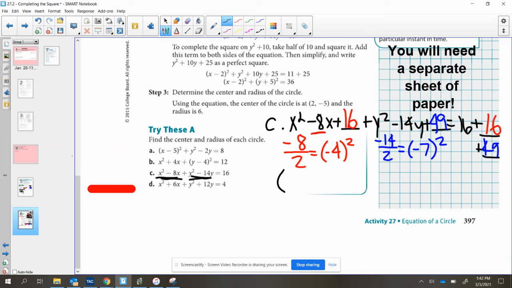Now, again, when we factor, what multiplies to be 16 and adds to be negative 8? Our shortcut is what we got when we divided by 2. And same thing with our y values. What we got when we divided by 2 is negative 7, and we squared it. So then 16 plus 49 is going to give us our right-hand side, which is 81.